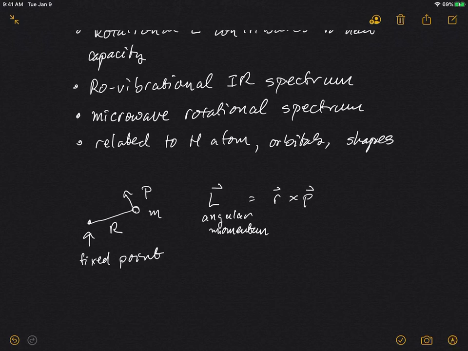So we can think of the distance there in our diagram as being denoted by big R. But we can also use little r to talk about the actual vector directionality that gives us r cross p, where we have a cross product. And another concept from angular momentum is moment of inertia.